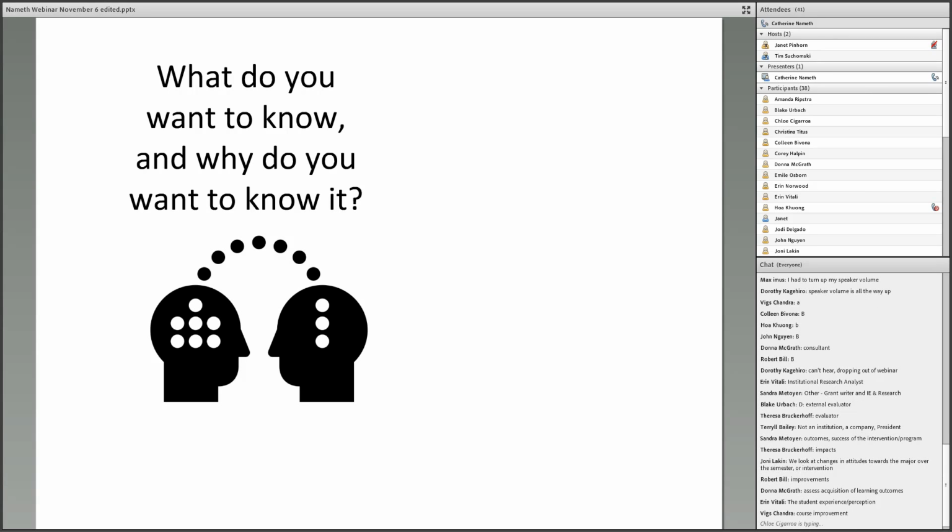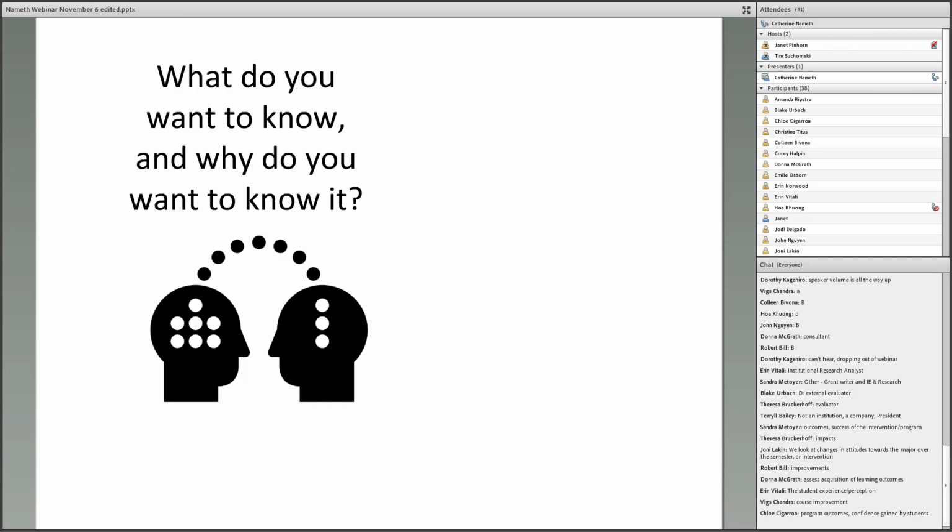And yes, especially if you're an instructor, you can assess learning outcomes. Perhaps you can compare and contrast your survey results with the syllabus and your stated learning outcomes or the departmental learning outcomes and try to start to triangulate what might be going on, as well as course improvements and many other things.